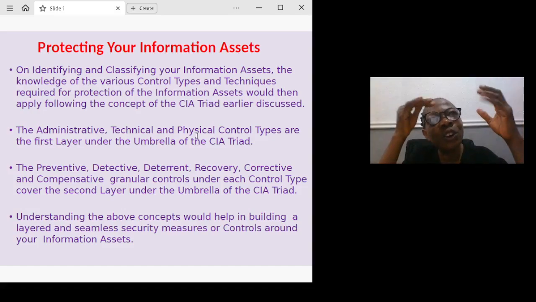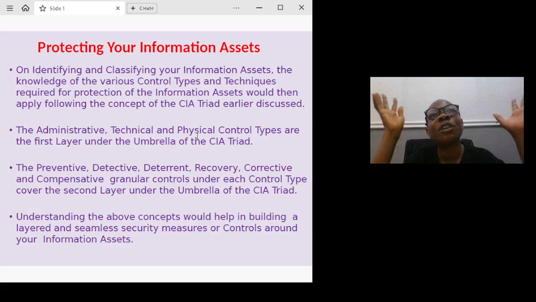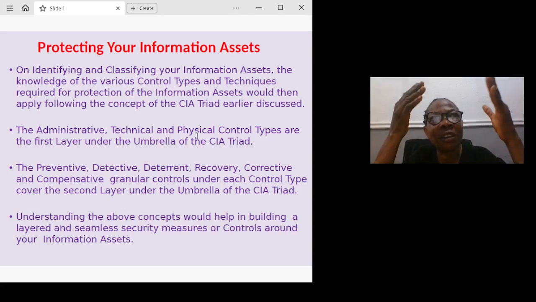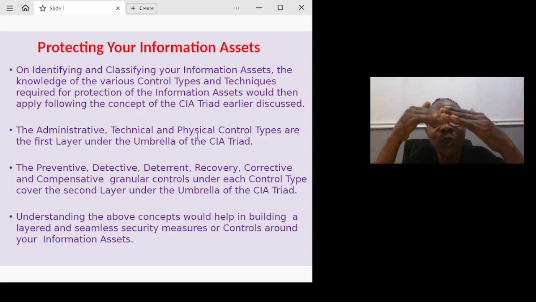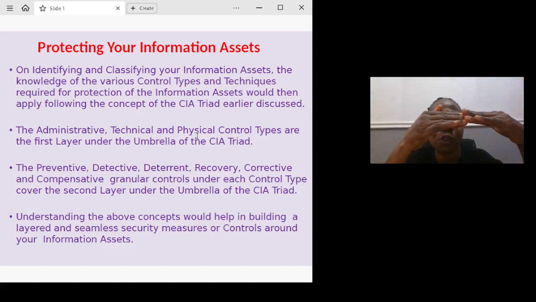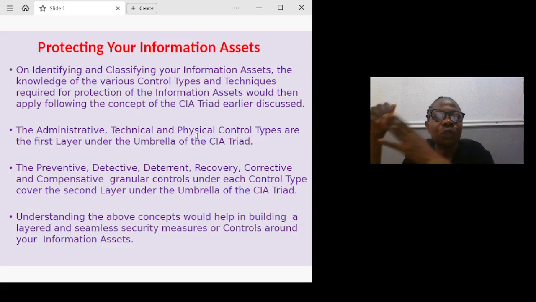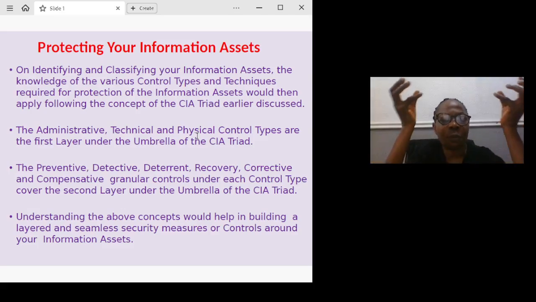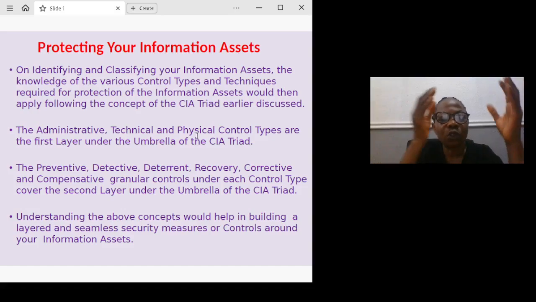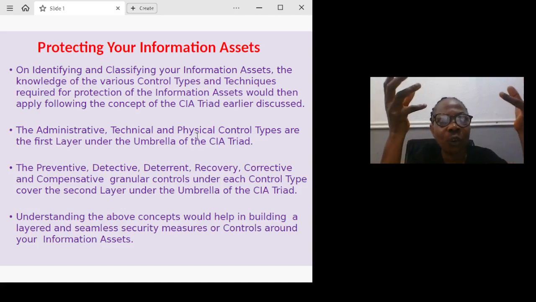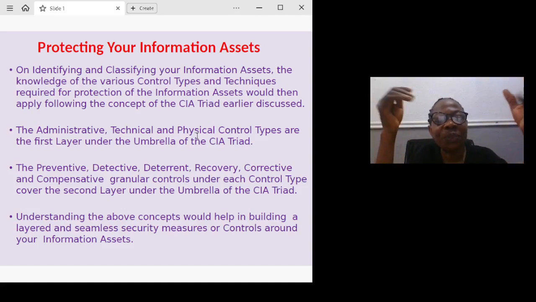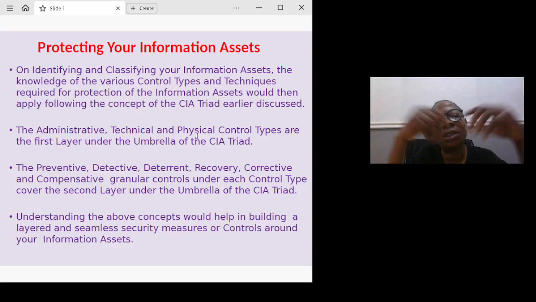The umbrella is the ultimate objective that you want to achieve, that's the confidentiality, integrity, and availability of your assets. Then you need those administrative controls, technical controls, physical controls, to back it up. You need to categorize them, streamline them, in order to ensure that your organization is running with an acceptable level of confidentiality, integrity, and availability.